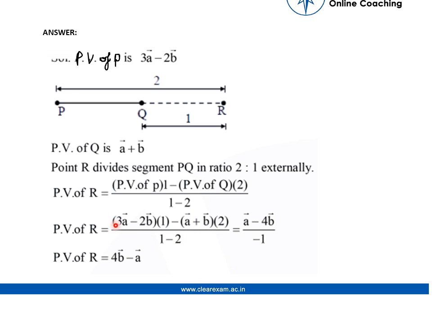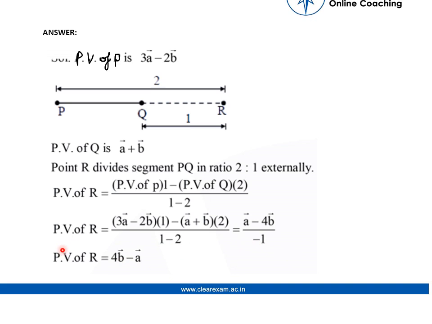So when we subtract, 3a minus 2a gives us a, and minus 2b minus 2b, plus and minus will give us minus, so it is minus 2b and minus minus will be added. So we get a minus 4b, and we know that 1 minus 2 is nothing but minus 1.